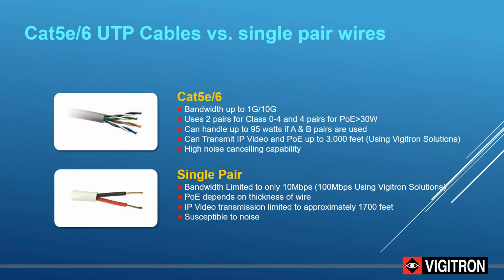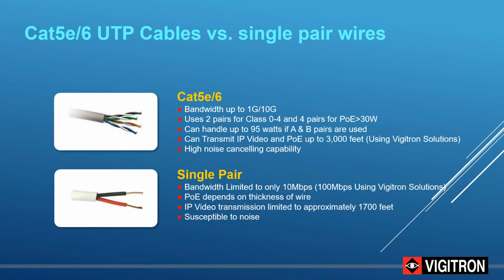And here again, even within a single category of products, such as single pair, we have many differences, such as 24.2, 22.2, 22, 18.2, 16.2, etc. And they're all going to have different transmission characteristics. IP video transmission is limited to about 1,700 feet.